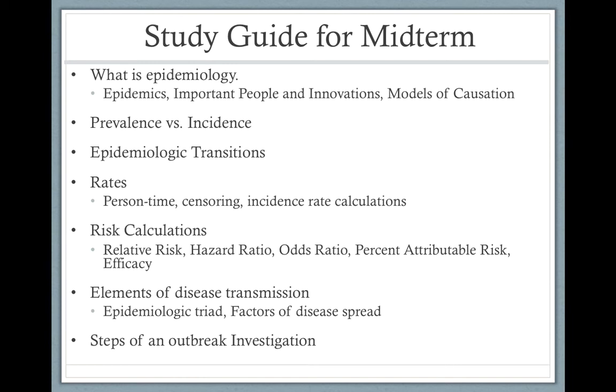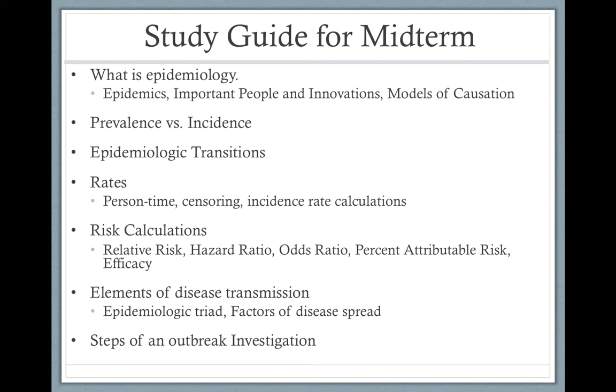I want you to be able to identify the epidemiologic transitions: generally each of the transitions, prehistoric, first, second, third, what types of diseases, why those types of diseases were more prevalent, and things that changed from one transition to the next. For that, just review the article from Harper, I believe it was.